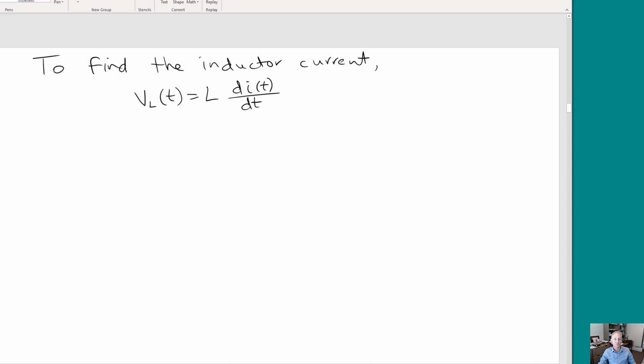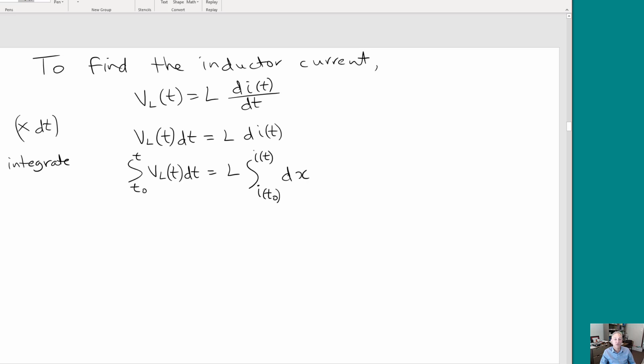Now let's develop the relationship for the inductor current, knowing what we know about V = L di/dt. Let's find an expression for i(t) in terms of voltage. If we multiply by the differential of time, dt, we get V dt = L di/dt dt.